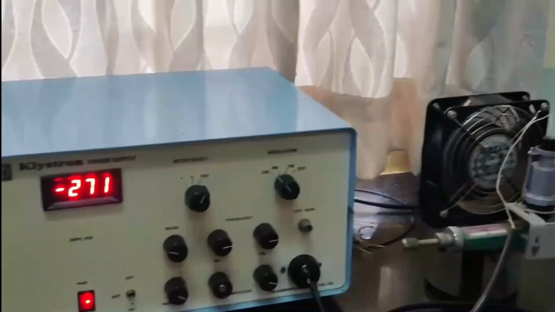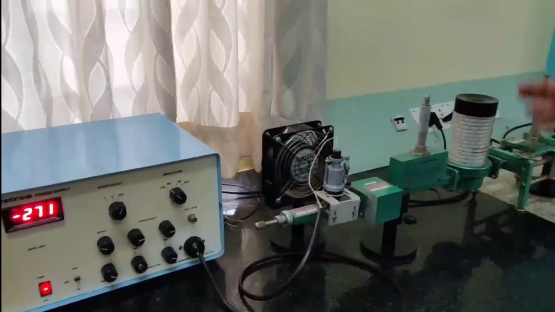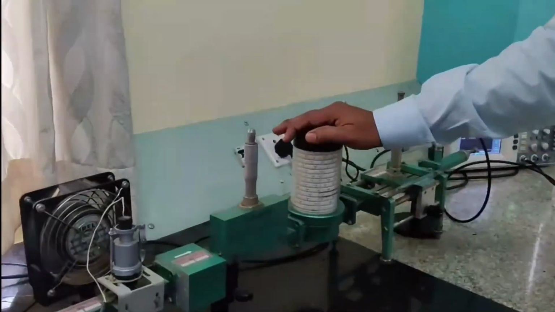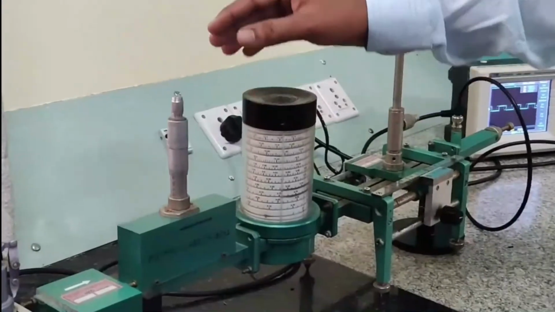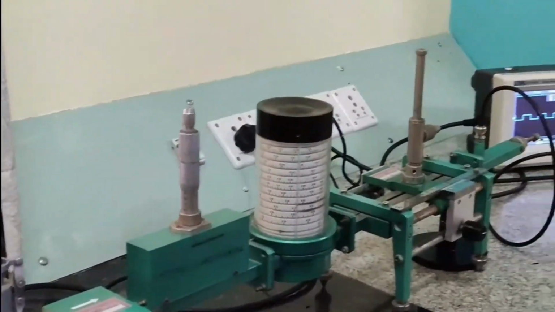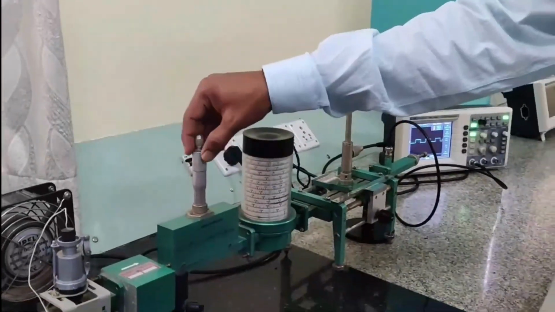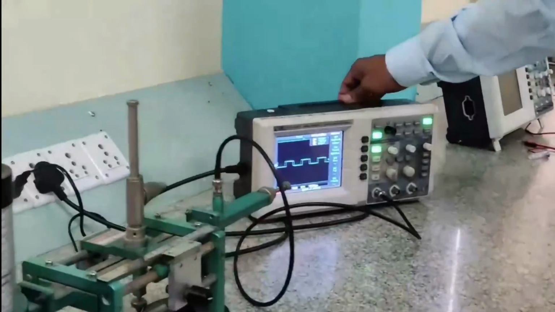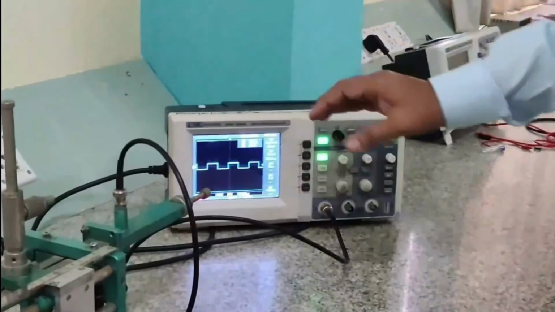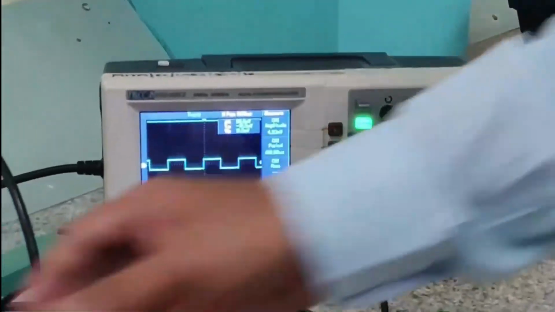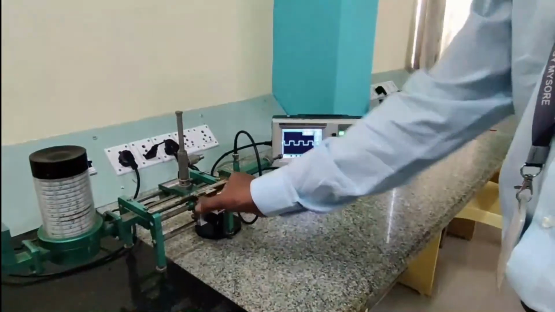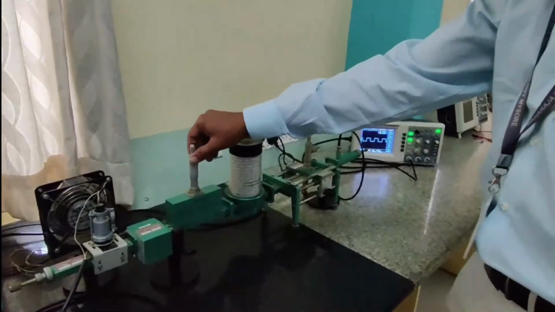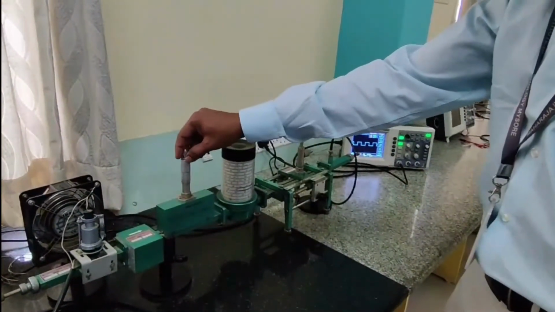Now once the signal is generated, for the part A experiment we are going to measure frequency using the frequency meter, and we are going to see the attenuation using the variable attenuator. As you can see, there is a square wave generated, and this square wave is a modulated signal of the microwave signal.